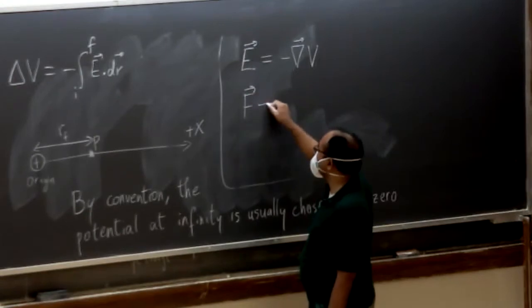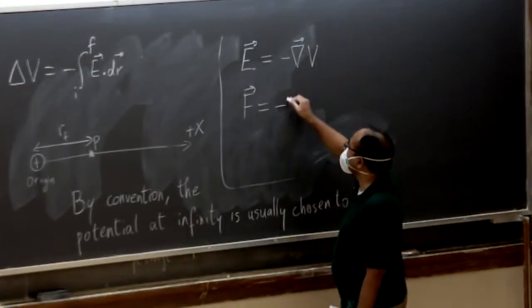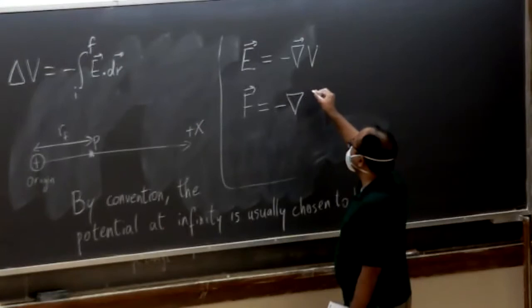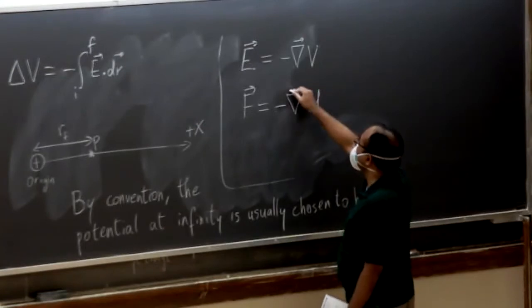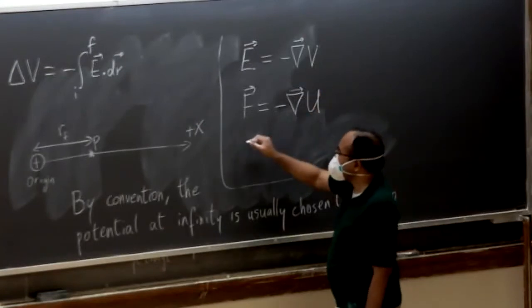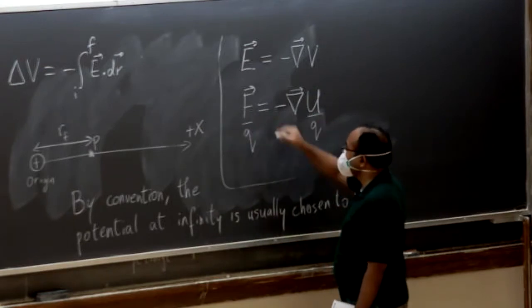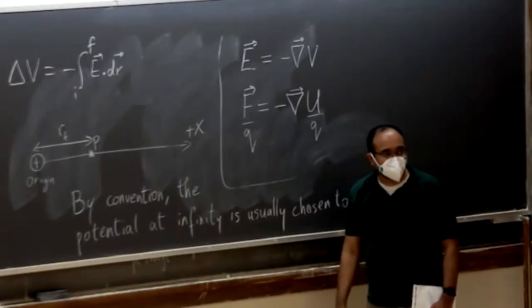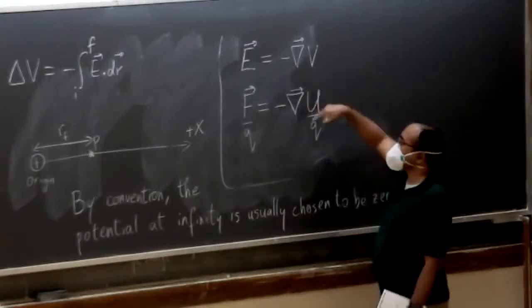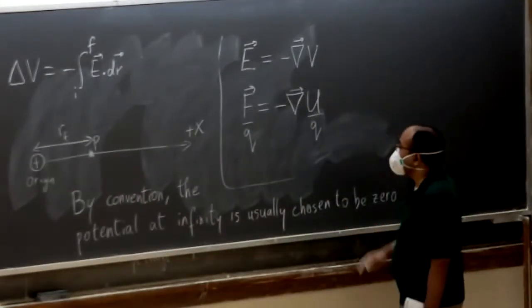We said that if you have a conservative force, then that force is the negative gradient of U. So all I have to do is divide both sides by q, and then that gives me the electric field is the negative gradient of V.